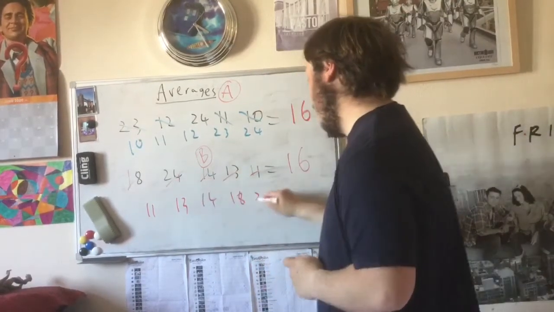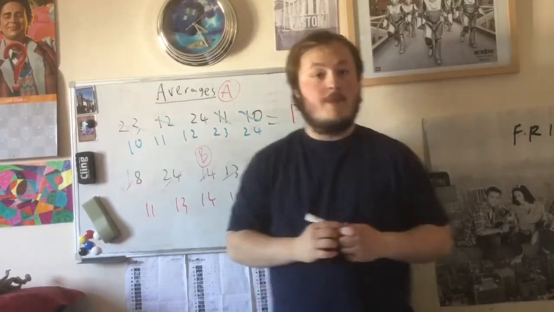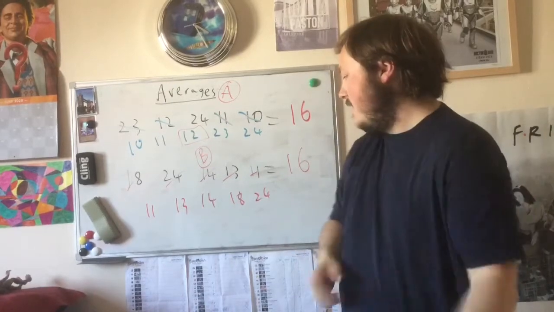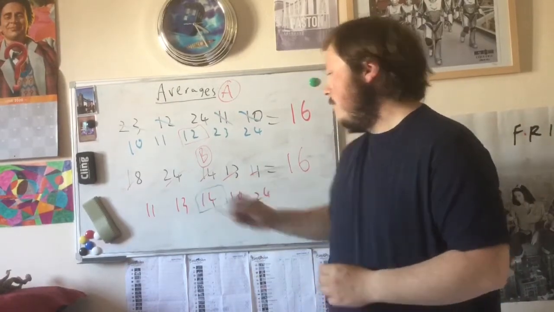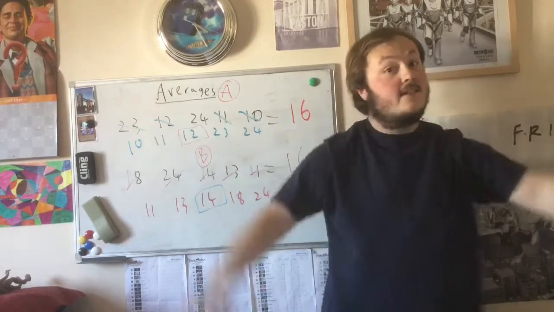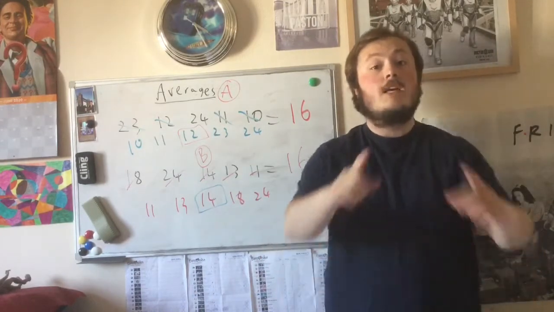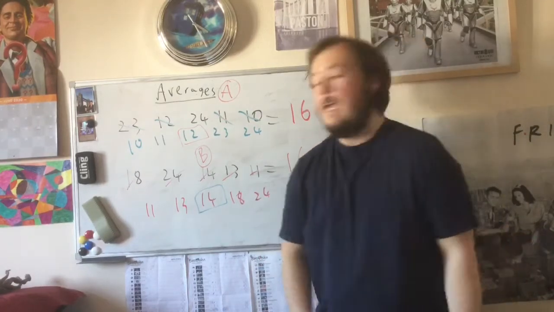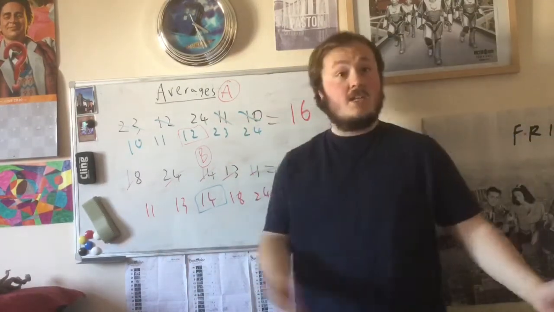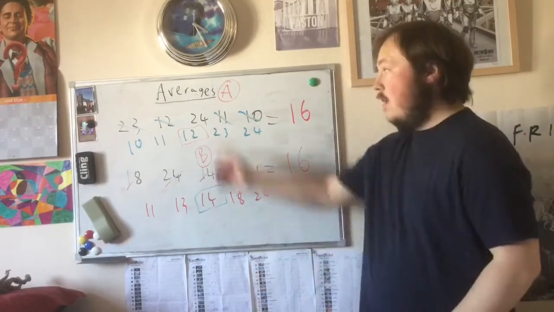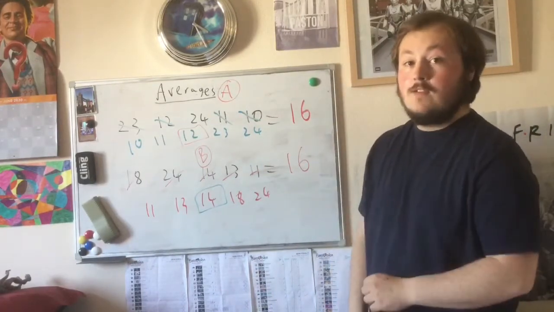The median is the middle number. In this case it's 12, and in this case it's 14. So the median of A is 12, the median of B is 14. So B is the school that does better in their maths because its average of the median is higher than A's. Even though the mean's the same, the median says differently. So don't always trust the mean. The other averages could be useful as well.